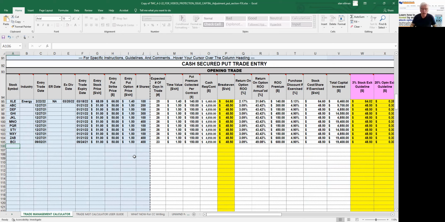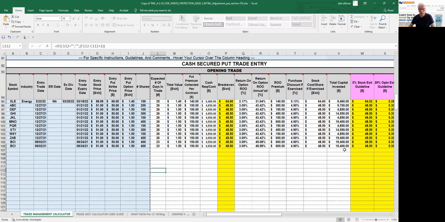So let's just copy that over: BCI, 9/2/21, expiration 9/24/21. We used the 50 strike, because the value of the stock at the time was 51, and the premium was $1.50. And we're going to use the same 400 shares.